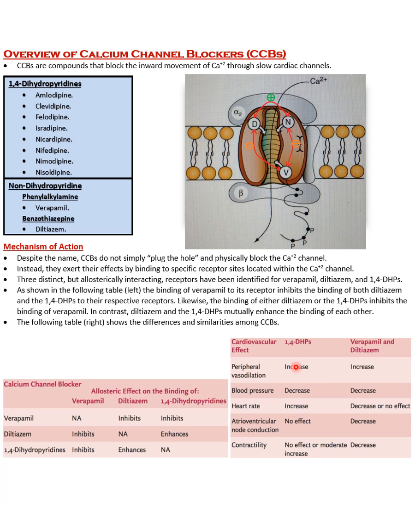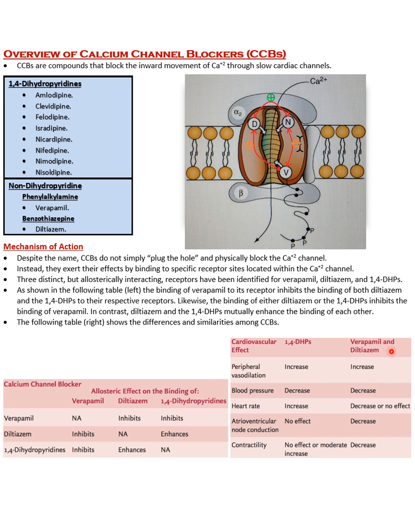So if you administer these products, the 1,4-dihydropyridines cause vasodilation, and as a reflex of that, the heart tries to work harder to supply the blood and resist the vasodilation effect. So it increases the heart rate and the contraction. And these products do not affect the AV or the SA node.